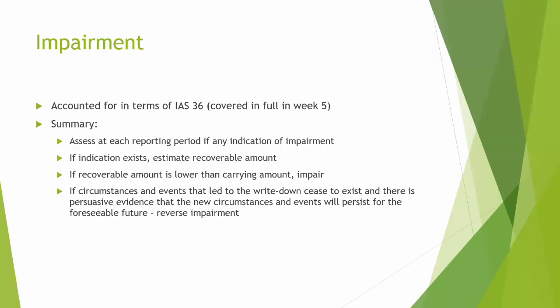So effectively, if the circumstances are no longer there, our recoverable amount would probably have increased. And so therefore, we are going to then be able to reverse that original impairment that had been taken into account.